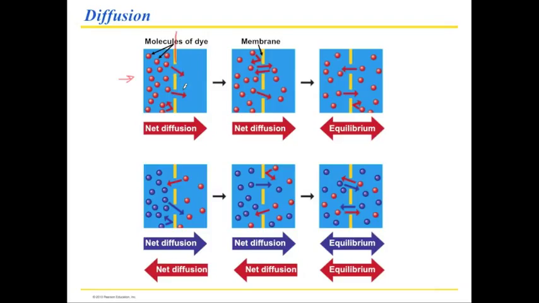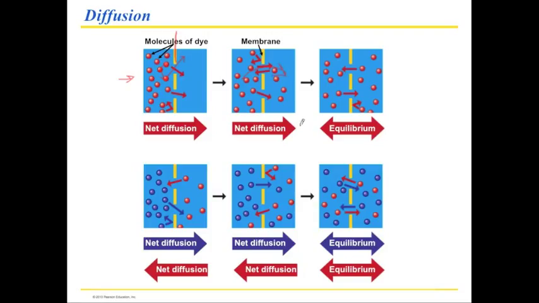Now, when you have this situation, you'll find that these molecules of dye are going to bounce around, they're going to bounce into each other, they're going to push each other, just as if you had a bunch of marbles that you're rolling around, and eventually one of these is going to pop across that membrane. And so here there is a certain amount of diffusion that goes on from the left to the right. That's where the direction of diffusion is.